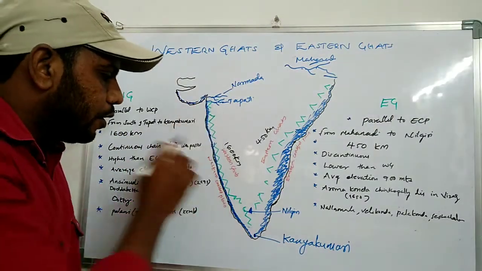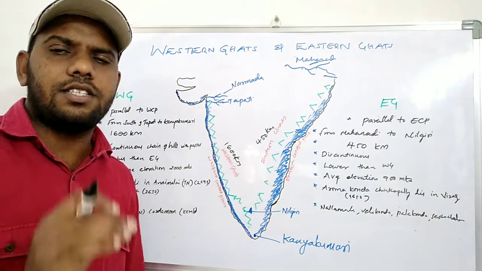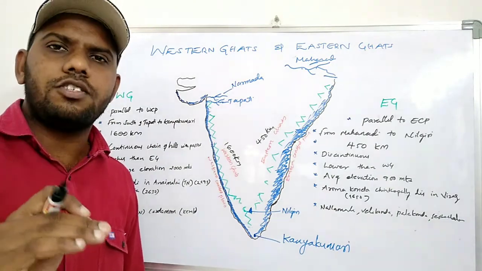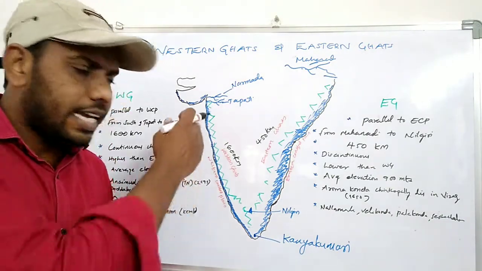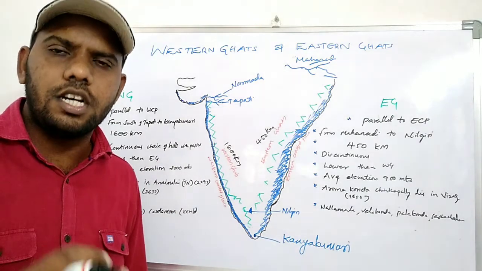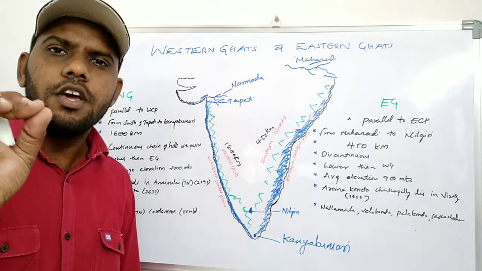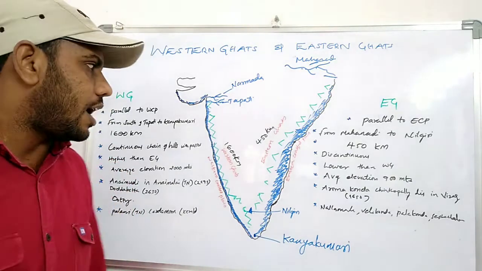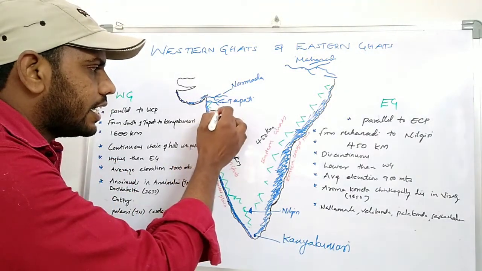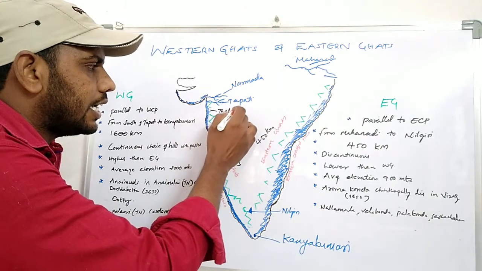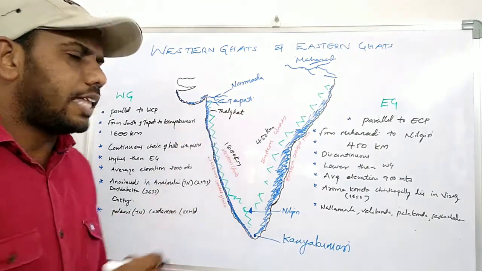So one more standard point: the Western Ghats are a continuous chain of hills with a few passes, such as the first pass we can understand, Talcut.